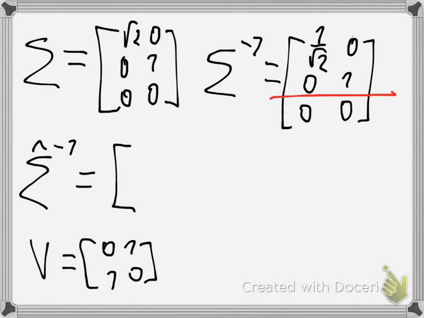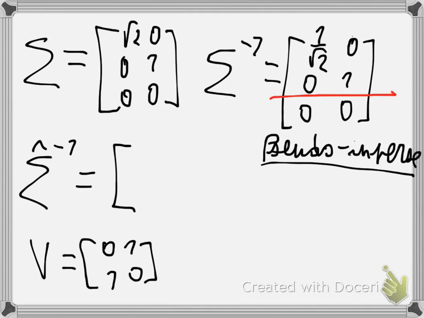So our sigma hat inverse, which is also called the pseudo inverse. I don't know why, but it's also called the pseudo inverse. So our pseudo inverse will be 1 over square root of 2, 0, 0, 1. Okay?